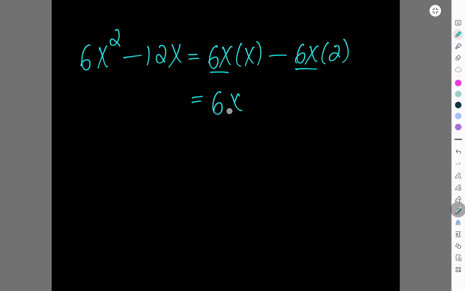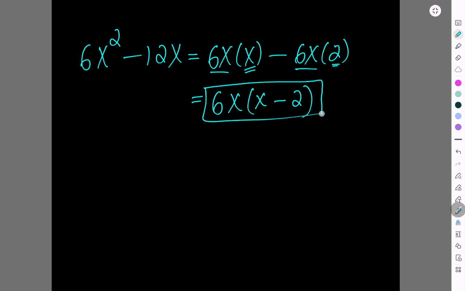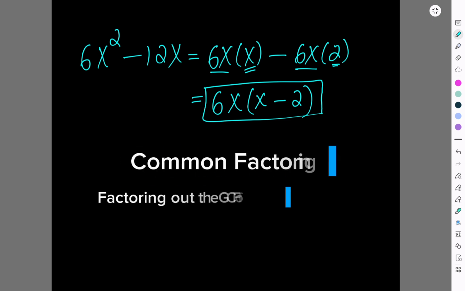Then factoring out 6x, for the first term we are left with x. Then minus, for the second term, 2 is left. Then 6x multiplied by x minus 2 is the factorized form of 6x squared minus 12x. And this factorization technique is what you call common factor.